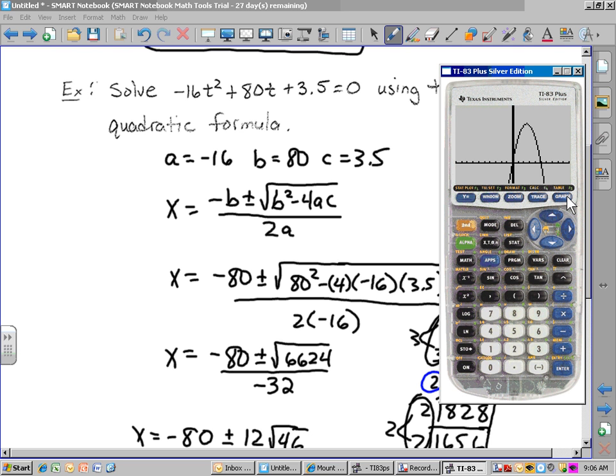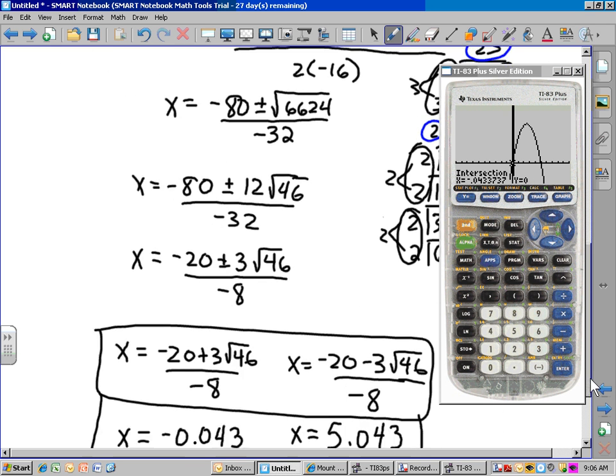All right, so we can see the peak, the max, if we need to figure that out. But we're interested in the x-intercepts. One close to 0, one close to 5. Since y2 is equal to 0, we can calculate the intersection, number 5, and enter 3 times, and it'll find it. So we got negative 0.043, there it is.